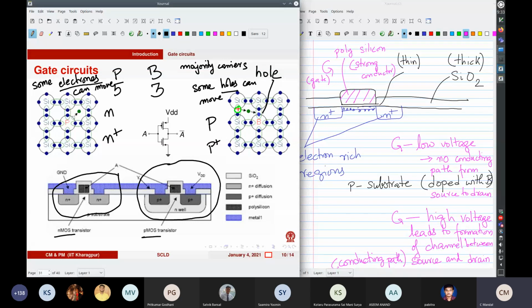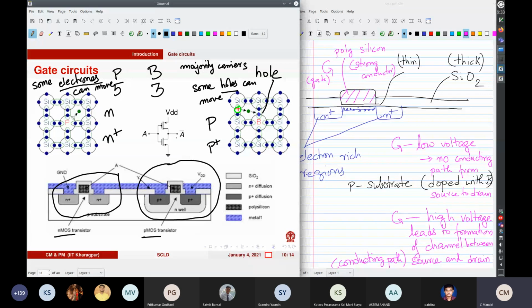Just as a high voltage attracts electrons, if the gate is at a high voltage compared to the source and the drain, then the electrons are attracted to form a conducting channel. In case of a p-type transistor, if the gate is at a low voltage compared to the source and the drain, then the holes get attracted to form a conducting channel, and otherwise you don't have any conducting path. So the operations are complementary.